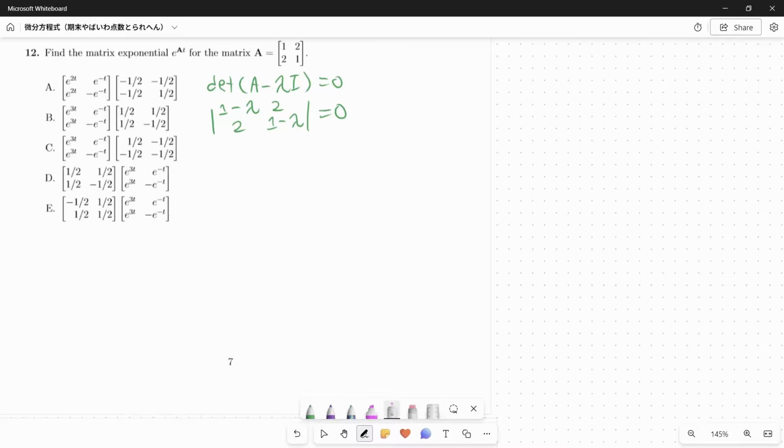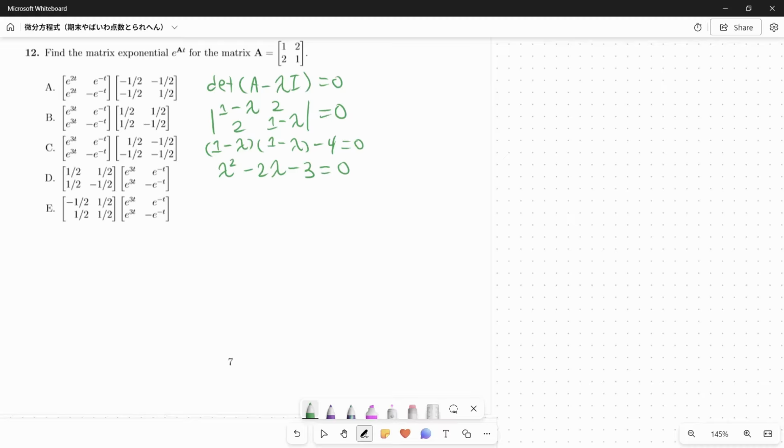Recall that to find the determinant of a 2 by 2 matrix, you multiply the top left by the bottom right, and then subtract the product of the bottom left and the top right. So that's going to look like 1 minus lambda times 1 minus lambda, minus 4, is equal to 0. When you simplify this down, you'll end up with lambda squared minus 2 lambda minus 3, and set that equal to 0.